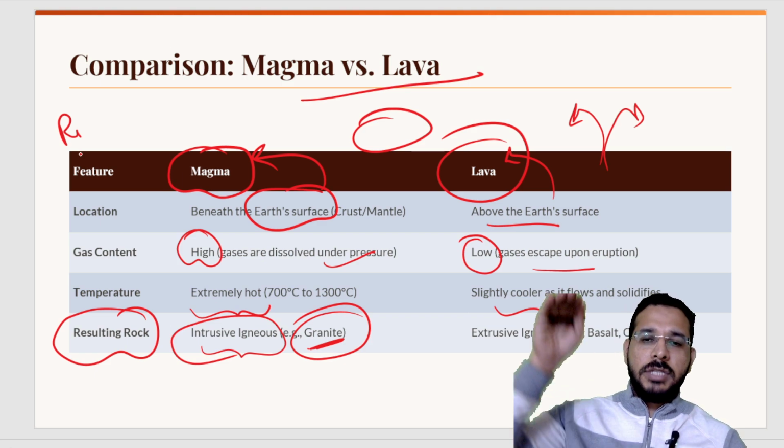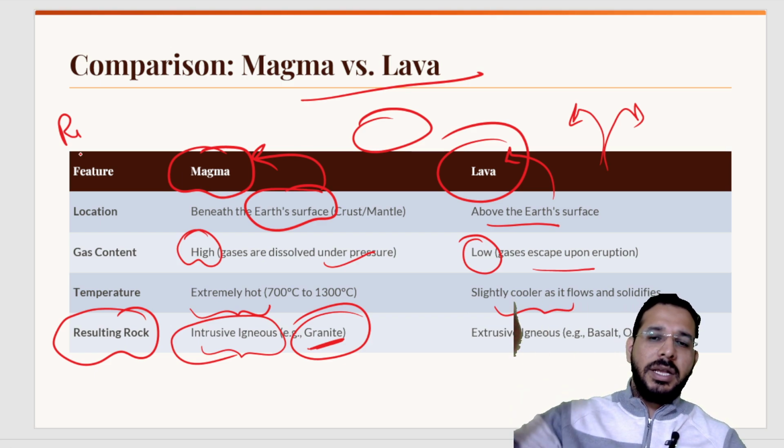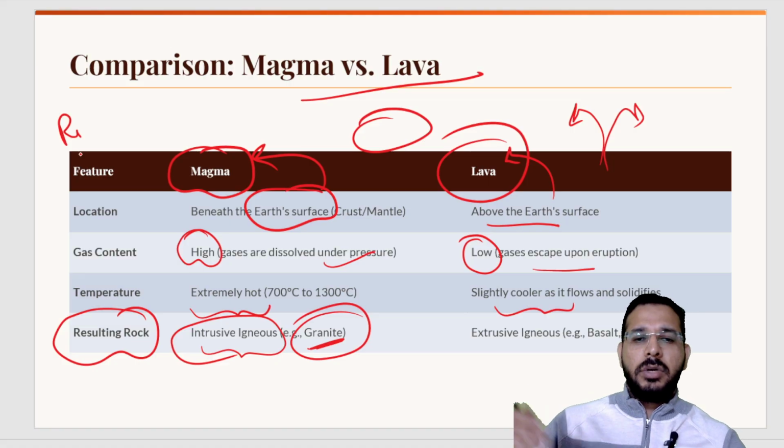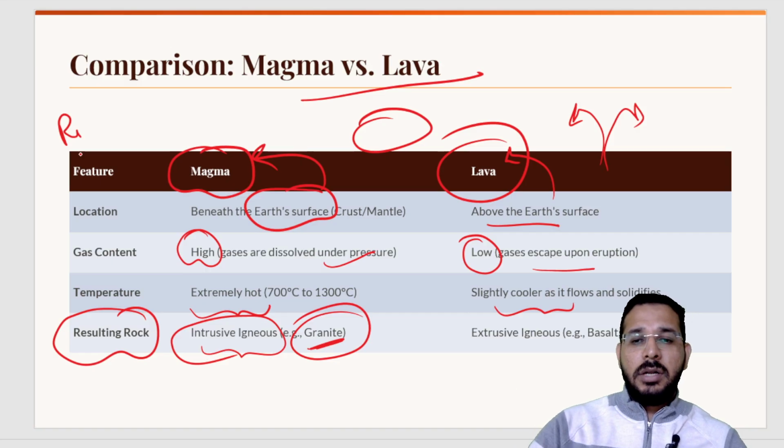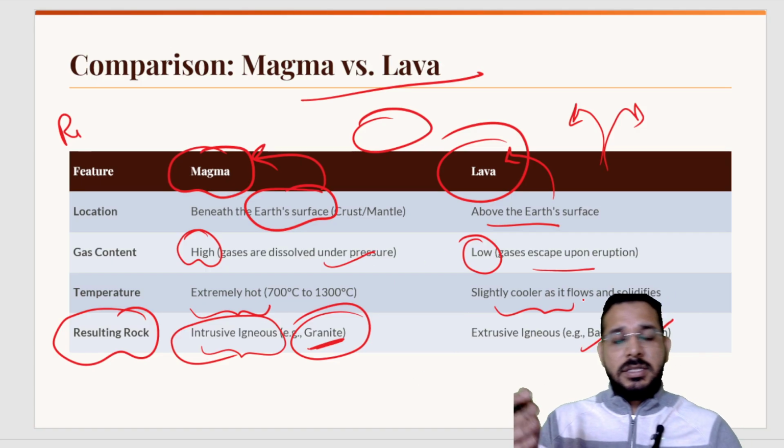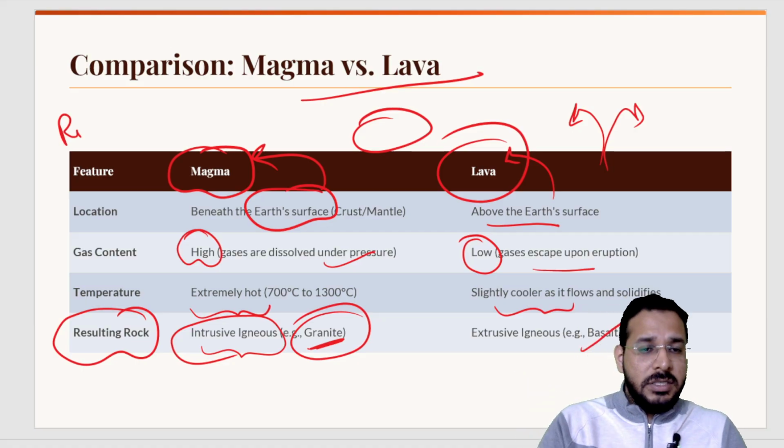When they are forming on the surface of the earth, they are called extrusive igneous rocks. For intrusive igneous rocks, we have rocks like granite. When it comes out and solidifies, we have igneous rocks like basalt, obsidian, etc. All these I have discussed in your geography series when I discussed volcanoes.